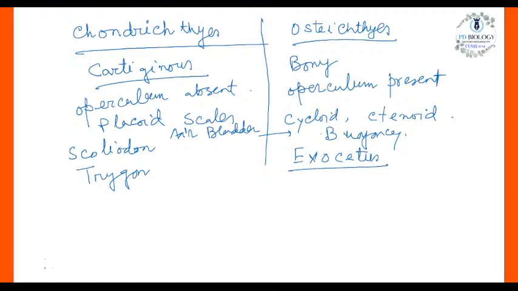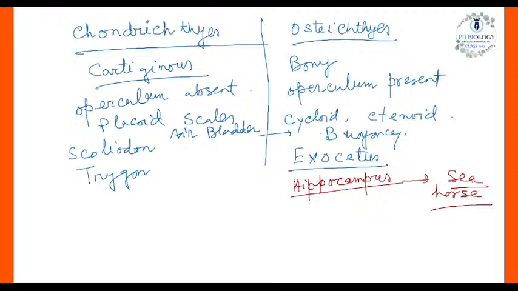Everybody remember this one, otherwise most of the times you are missing this information. Hippocampus is the seahorse. Very important information. Freshwater examples are Labeo rohita, Catla, Clarias batrachus.